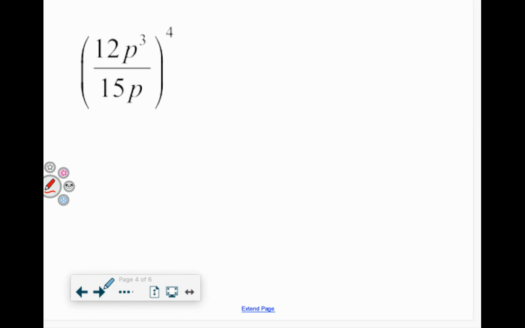Let's focus just on the 12 over 15. We can reduce that if we divide both by 3, to 4 over 5. So all I'm going to do is rewrite this problem.